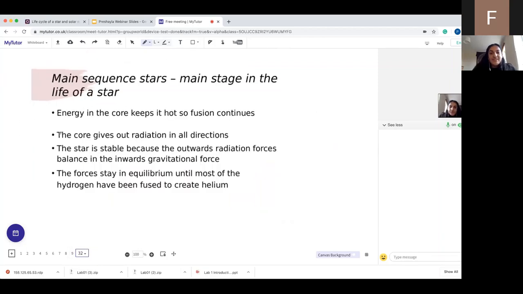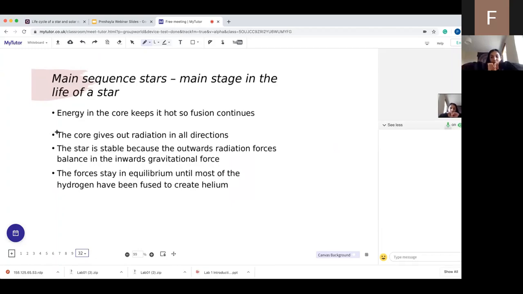So what's a main sequence star? A main sequence star is a star which is in the main stage of its life. Okay, it's in its kind of prime. The energy in the core keeps it hot, so fusion continues and it can continue to shine. The core gives out radiation in all directions. So it gives out this heat radiation in all directions.